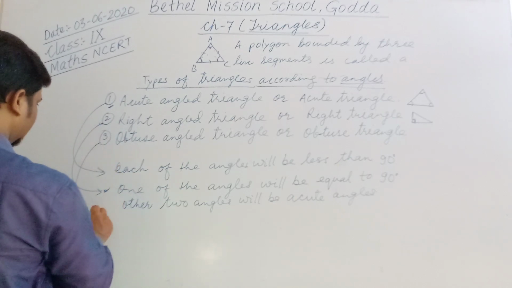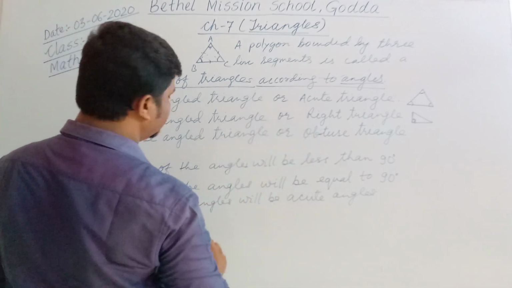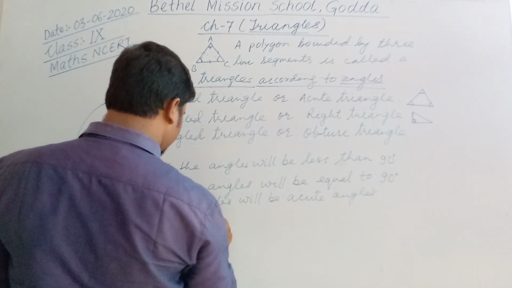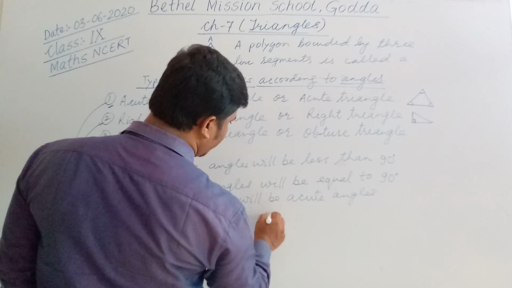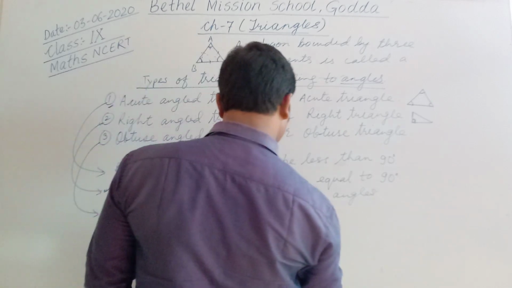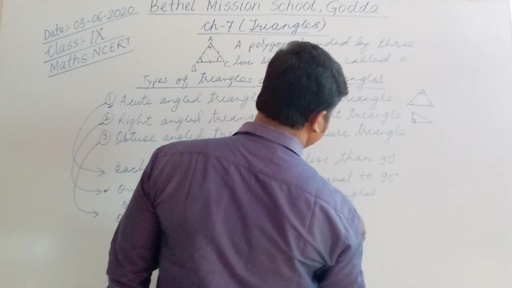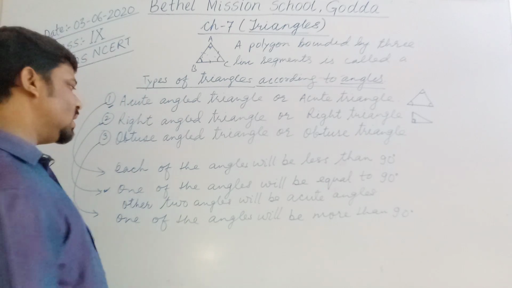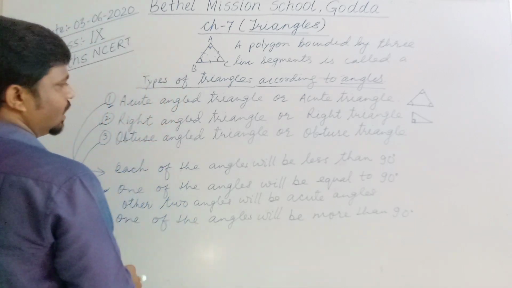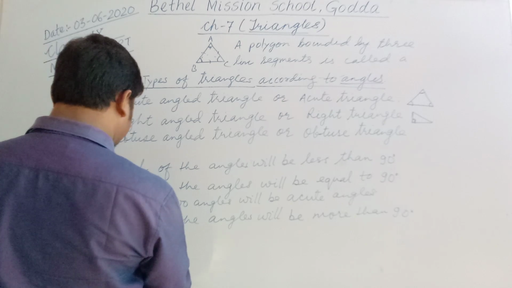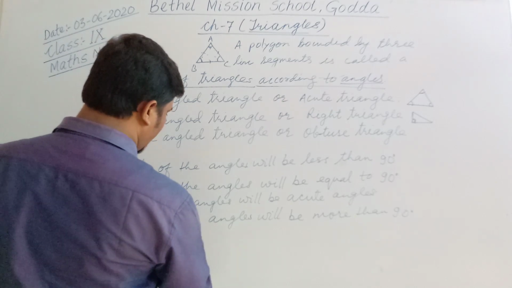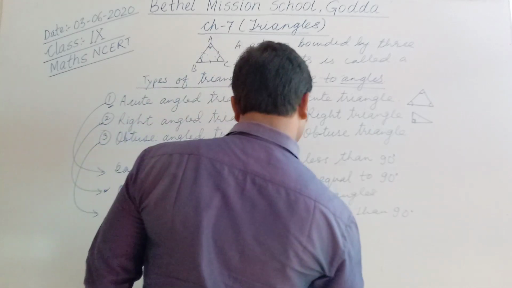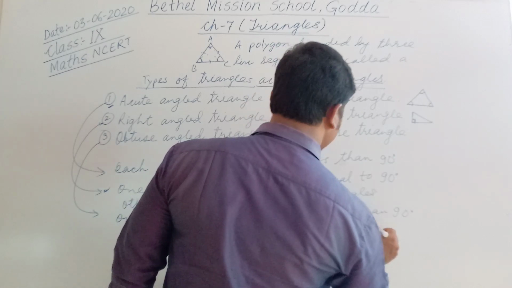Now third is obtuse angle triangle. One of the angles will be more than 90 degree, and the other two angles will be acute angles.